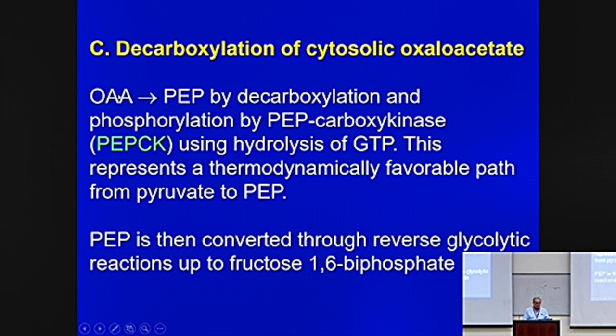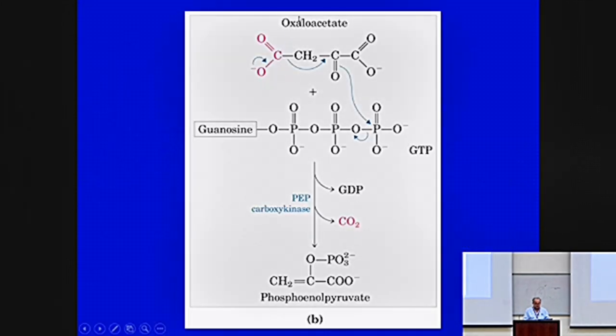And that converts oxaloacetate to PEP in the cytoplasm. PEP carboxykinase uses energy from GTP to produce phosphoenolpyruvate. So this is an energy utilizing step, because this is a high energy molecule we are producing.